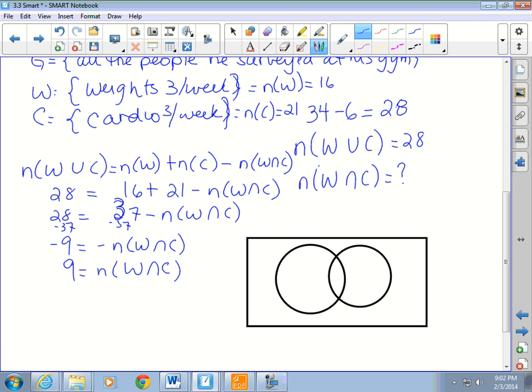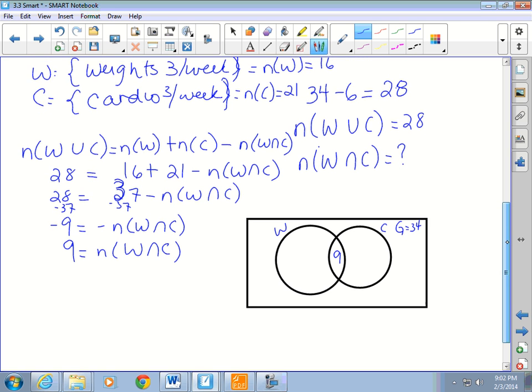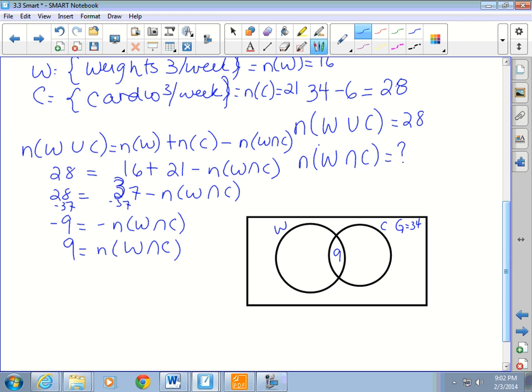Okay, so this is my universal set at 34. I call this side my weights and this side my cardio. I know that my intersection here is 9. So the number that do weights alone is going to be, the number that did weights was 16.